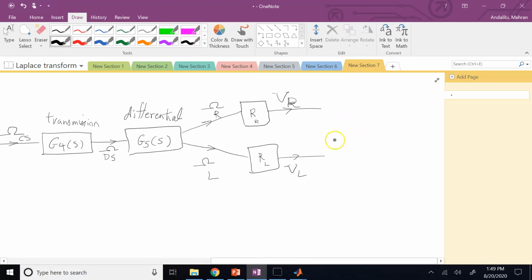And then the average of these two, assuming that there is no slip, so this is a summer block, multiplied by a gain of 1/2, it is going to give you what? The velocity of the car centroid.